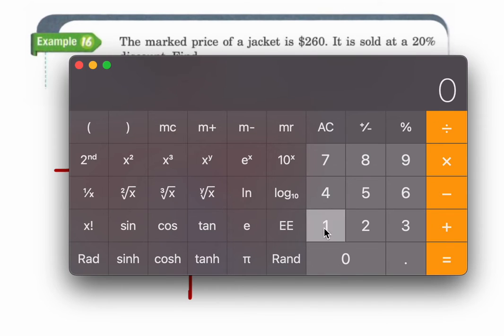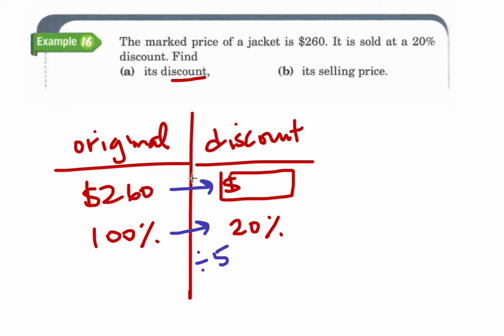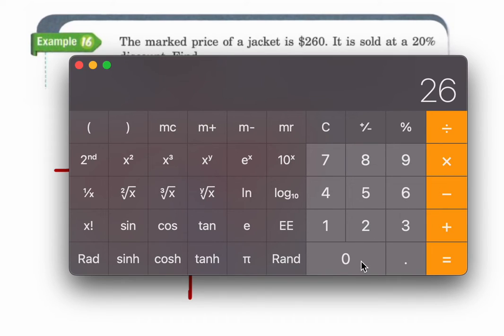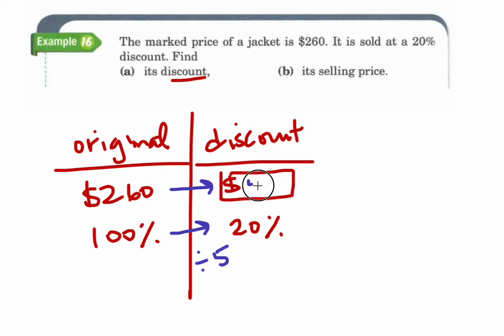Well, let me check. 100 divided by 5 is 20. Okay, so this one is also going to divide by 5. 260 divided by 5 is 52. So wow, it was $52 off of a jacket. That's a good deal.